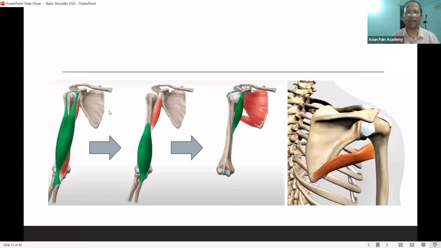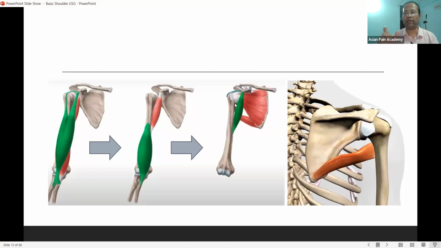These are related muscles in the front of our arm. This is the biceps, and we have seen the long head of biceps. Below that there is brachialis, which doesn't come up to the shoulder, so we don't have to see it. But below that there is another muscle called coracobrachialis. This also comes up to the coracoid process.